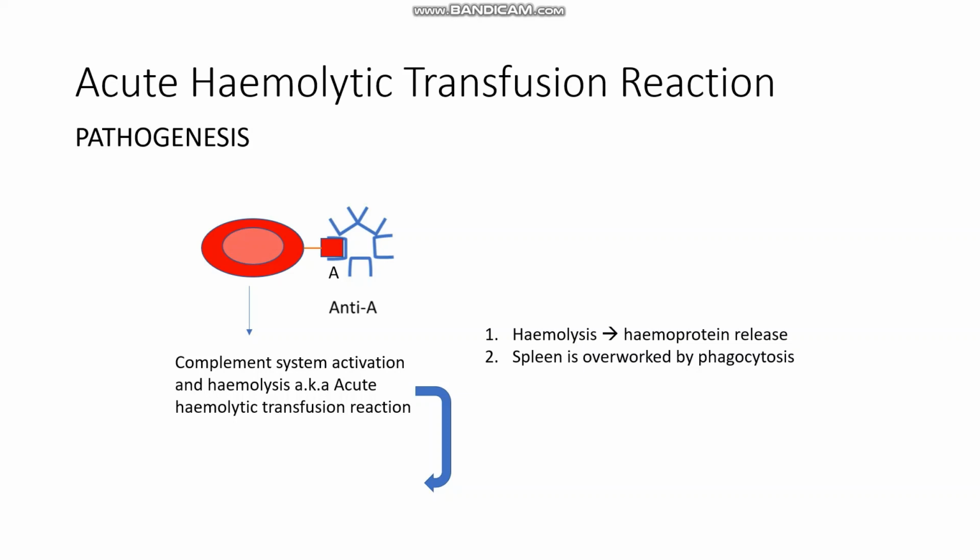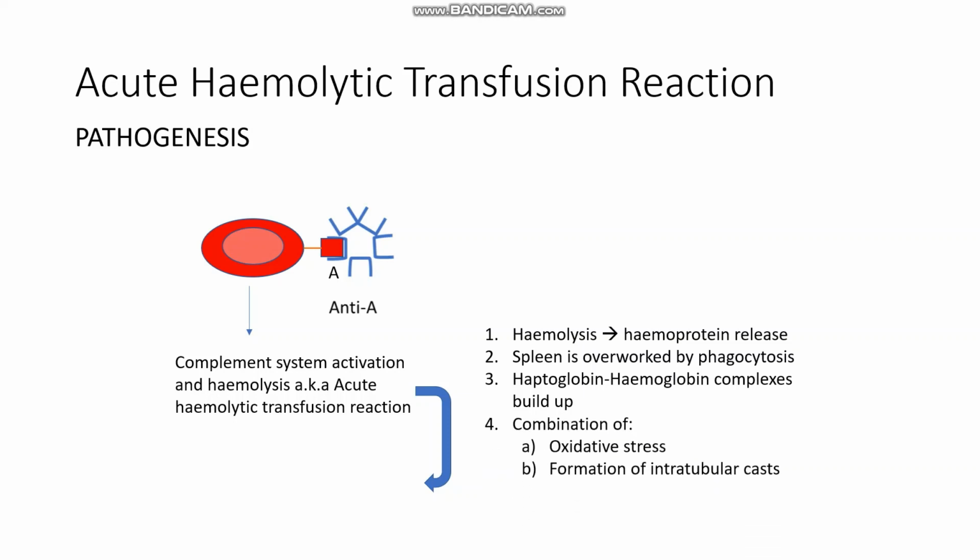This results in a buildup of hemoglobin haptoglobin complexes, which can then, through a combination of oxidative stress, cytotoxicity pathways, formation of intratubular casts, and pro-inflammatory effects, lead to AKI, or acute kidney injury.